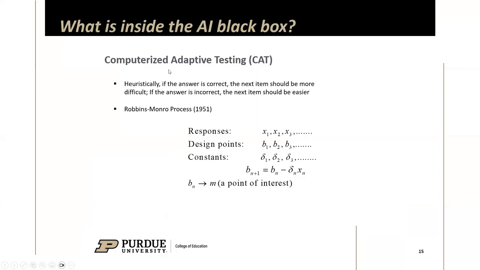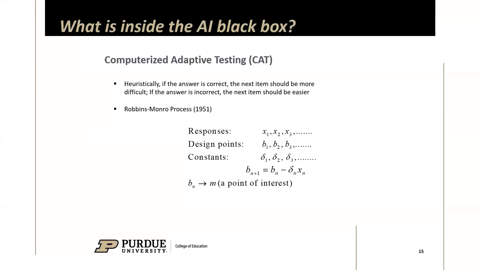In computerized adaptive testing, what is our observed variable? The observed variable is the student's response. If the student answers correctly, the response X is 1. If the student answers incorrectly, the value is 0. And the designing point can be the item difficulty level.